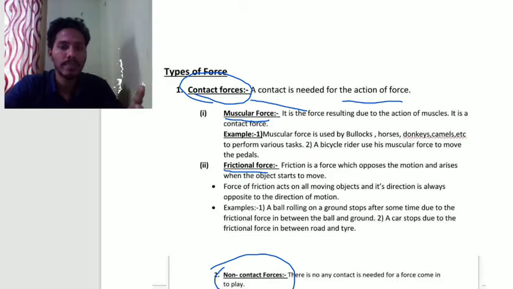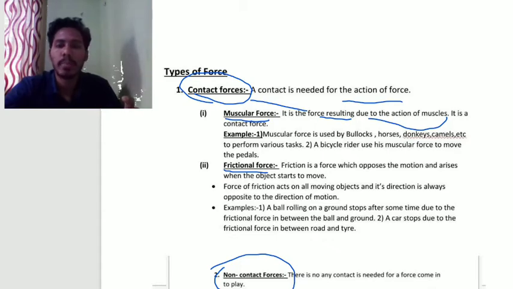Muscular force and frictional force are included in contact forces because muscular force means it's a force resulting due to the action of muscles. It is a contact force. We can see some examples.